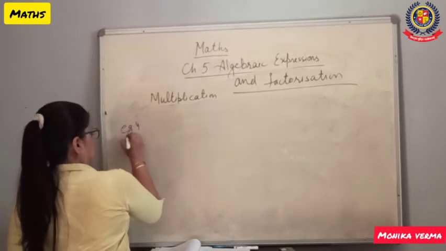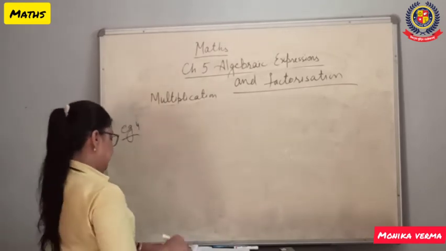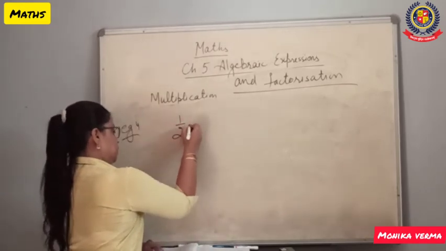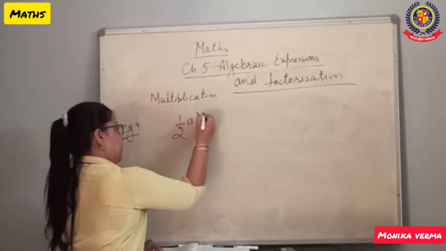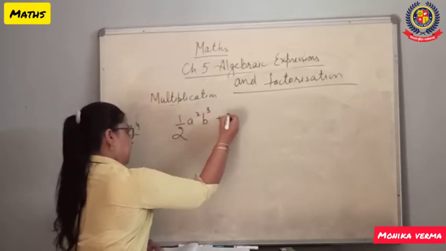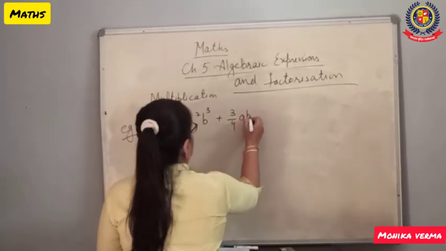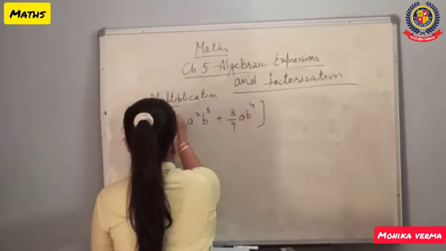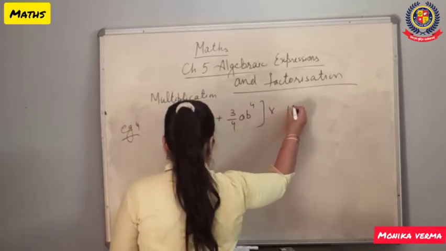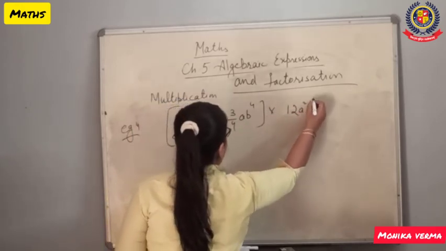Example 4. Multiply 1/2 a² b³ plus 3/4 ab⁴ by 12 a² b².